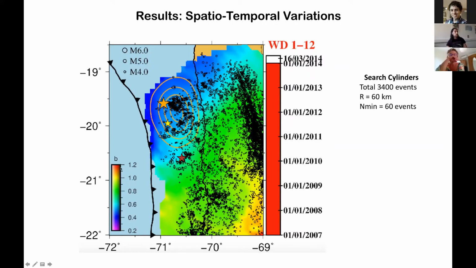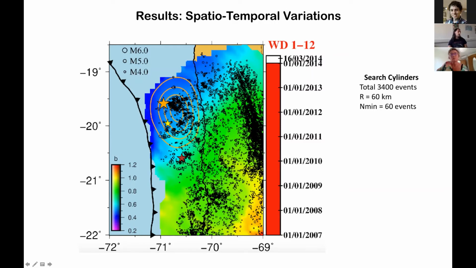So if we assume that low b-values indicate high accumulation of stress, and high b-values indicate low accumulation of stress, then we observe that this quite striking area of low b-value, this blue area here, coincides pretty well with the eventual rupture area of the main shock. The orange contours here show the coseismic slip contours every 1 meter for the 1st of April main shock.